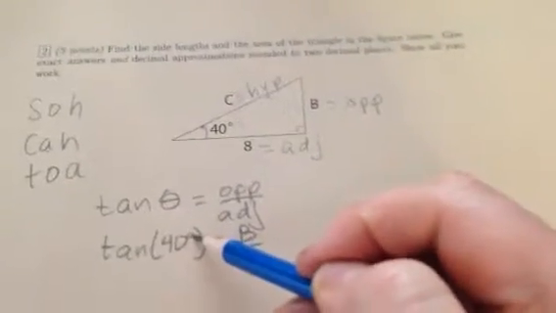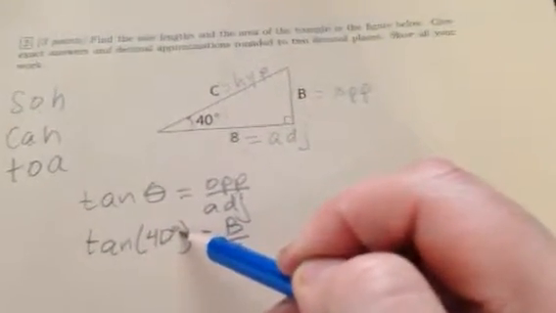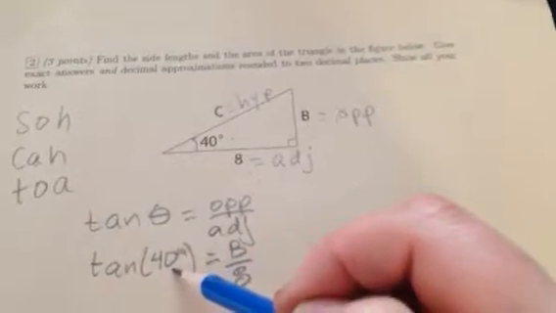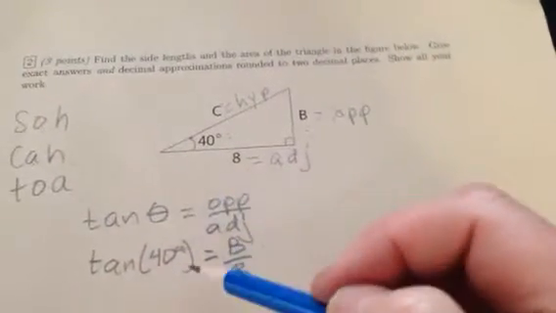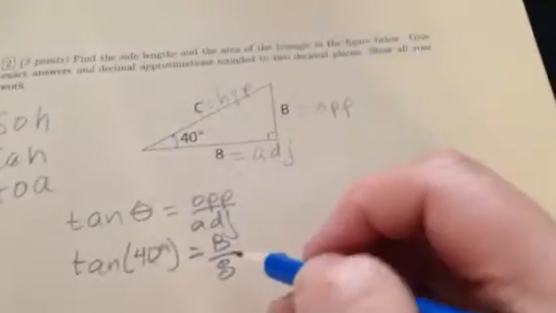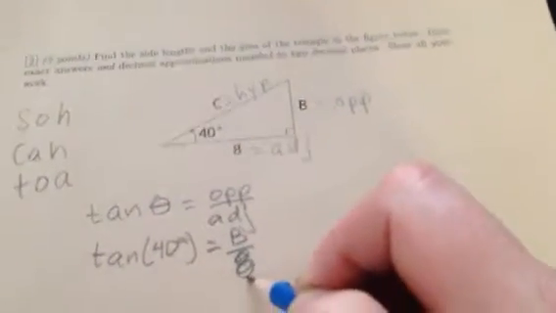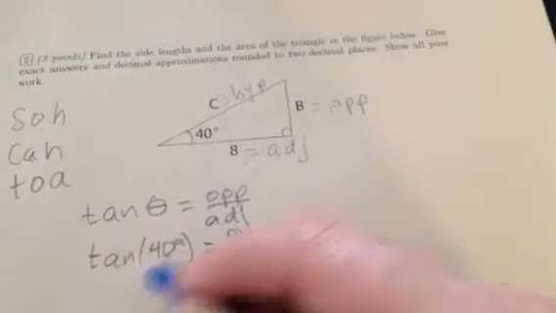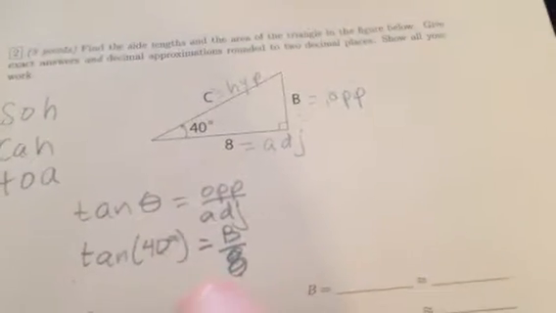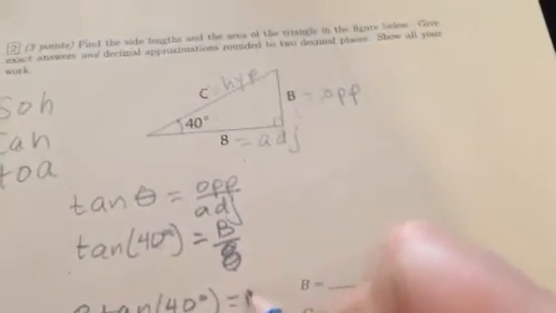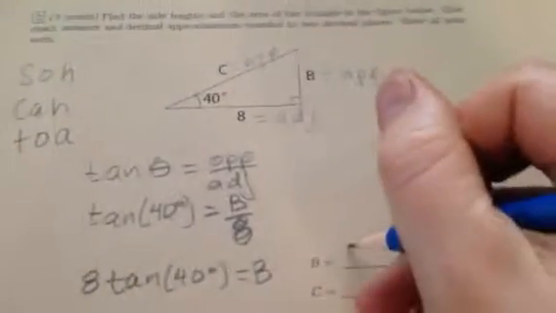Now it's important to include the degree symbol, because if you don't, then this is 40 radians, which is wrong. So make sure you include the degrees. Now, in order to get B alone, we need to multiply both sides by 8. So we get 8 tan 40 degrees is equal to B. And this is our exact answer.